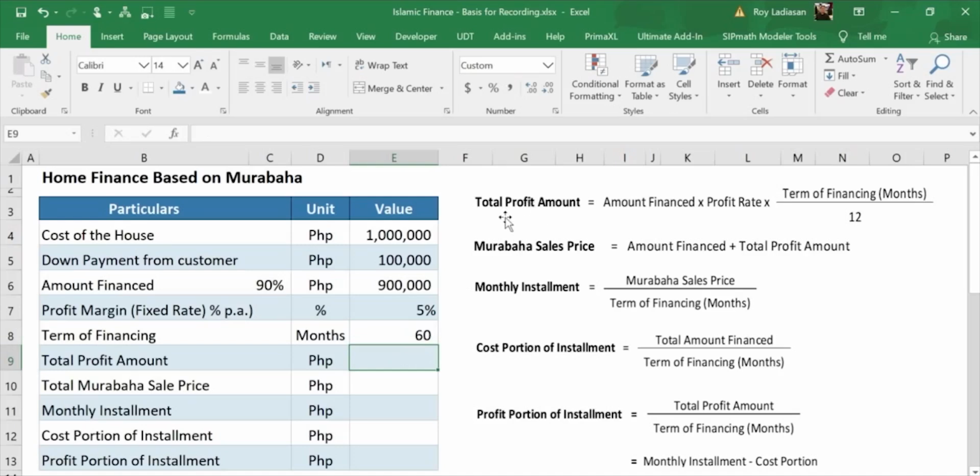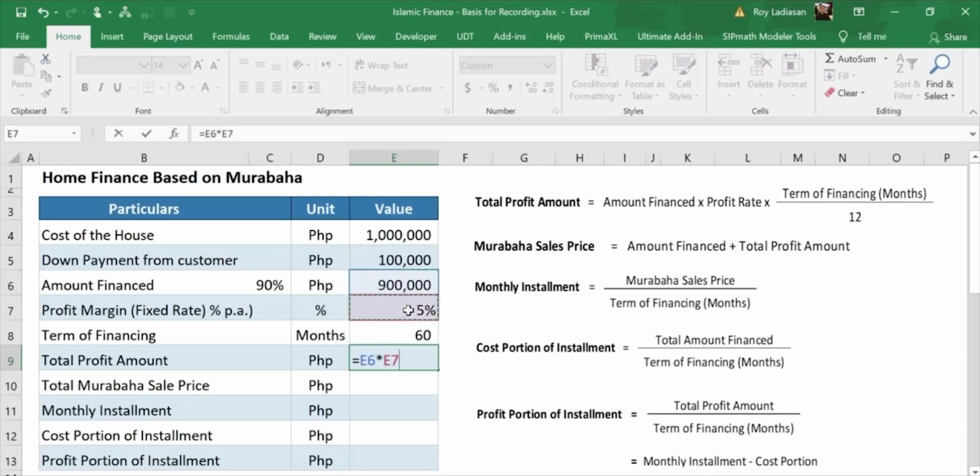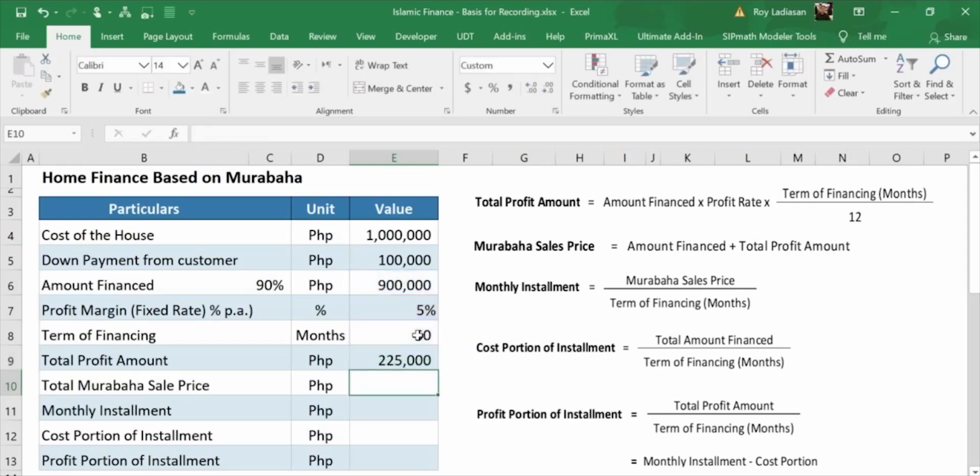Based on the given formula, the total profit amount is equal to the amount financed, multiplied by the profit rate, multiplied again by the term of financing over 12 months. So in this case, the total profit amount is 225,000.